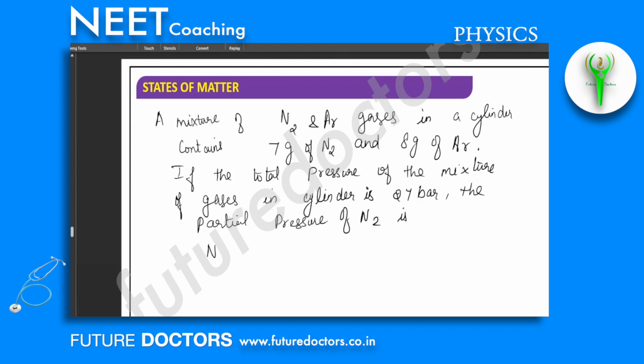The atomic weight of nitrogen is 14 and argon is 40, in gram per mole. Option A 9 bar, option B 12 bar, option C 15 bar, option D 18 bar.